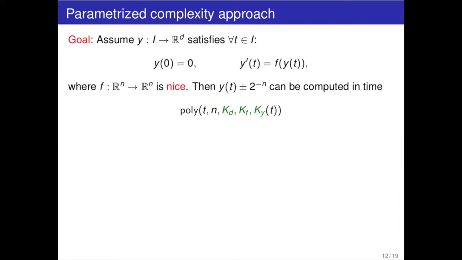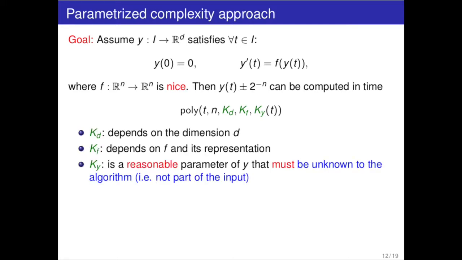The idea is still to look at the same problem, so we're going to assume f is nice, for example, polynomial. And we're going to give the complexity likely in the uniform case, so we care about d, we care about f. But now we're going to introduce another parameter that's going to depend on the solution. So this k of y is a reasonable parameter of y that's going to measure the complexity, but this parameter must not be known to the algorithm.